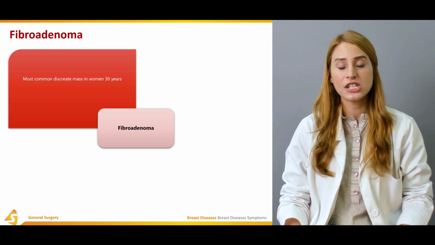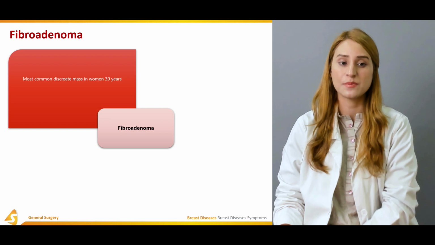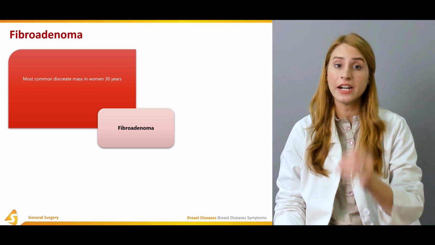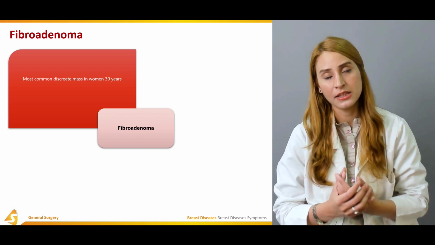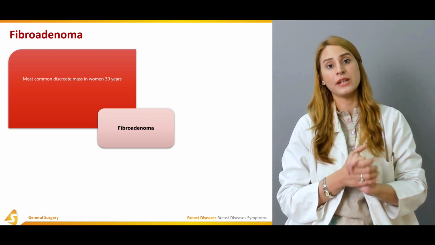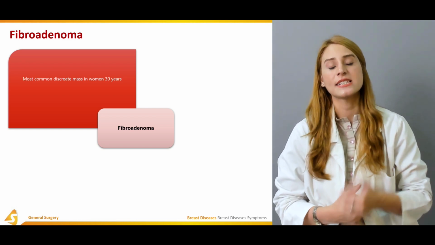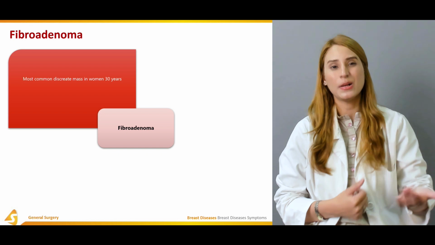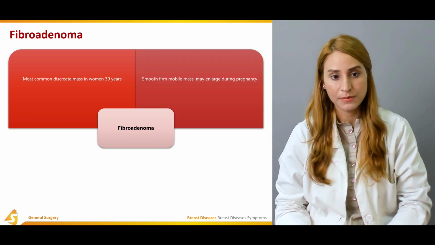Another thing which comes into the benign category of masses is the fibroadenoma, and it is very common in females of reproductive age, maybe in a young teenager or in fertile age. It can be unilateral or bilateral, but bilateral fibroadenomas are more common than unilateral ones.